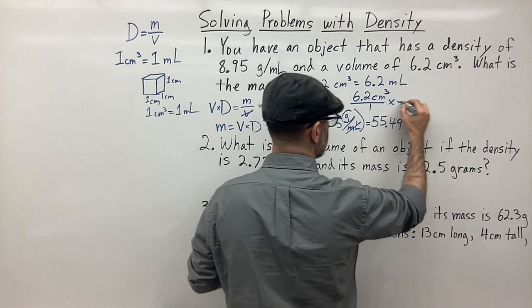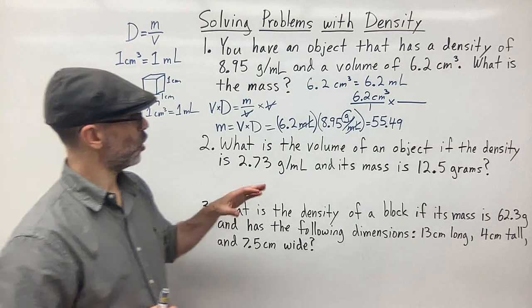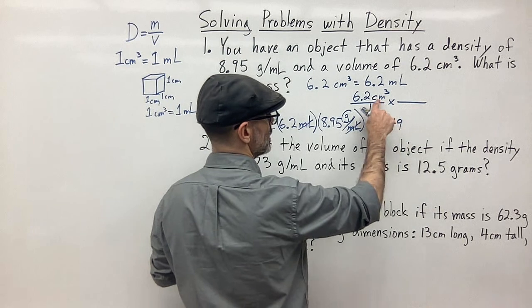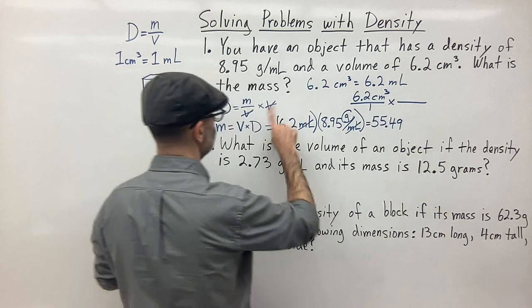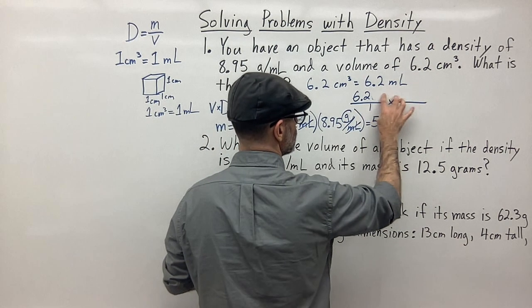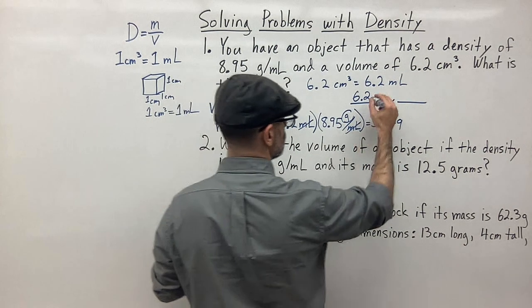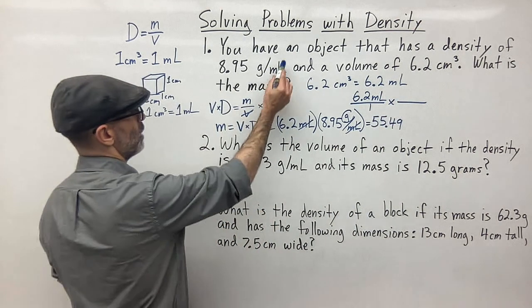Then I set up my conversion factor. Density is the conversion factor, so I'll make this milliliters, since my density is in milliliters, with milliliters on the bottom.